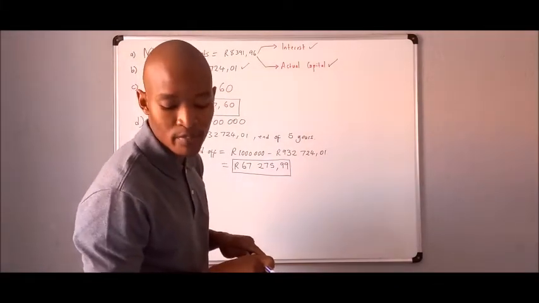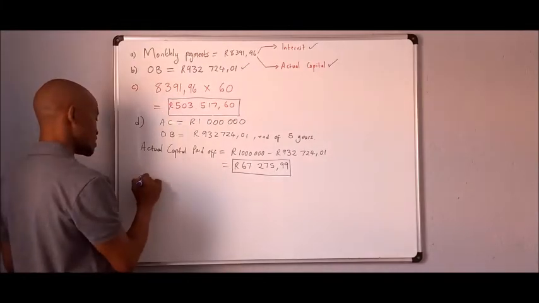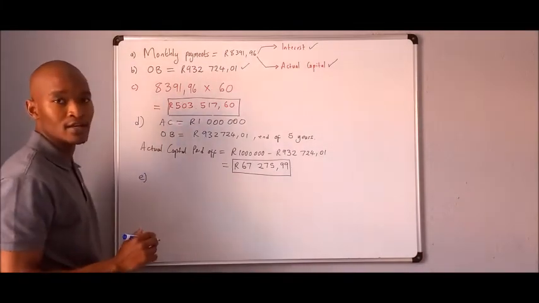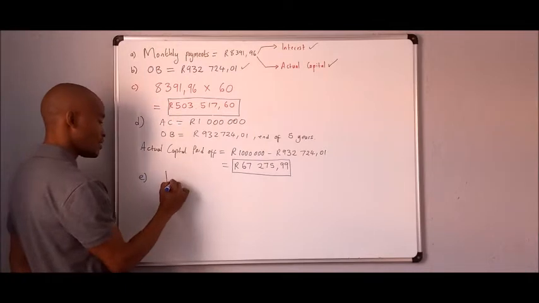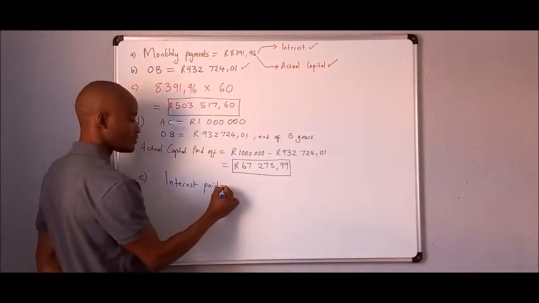How much money has been paid at the end of 5 years towards interest? That is question E.